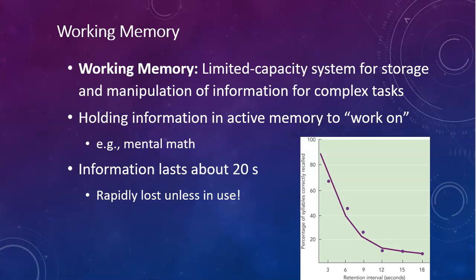But in essence, it's the same as short-term memory because it has the same duration of about 20 seconds. And you can only work on so many bits of information at a time. So we still have that 7 plus or minus 2 bits of information.